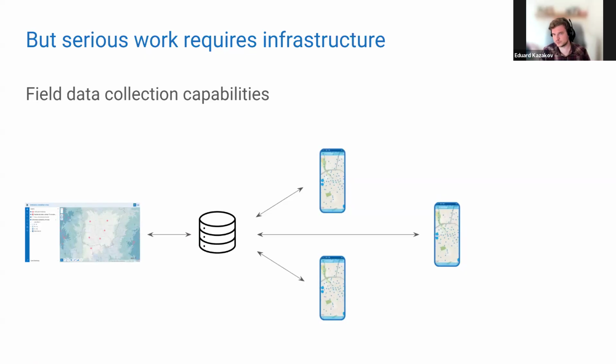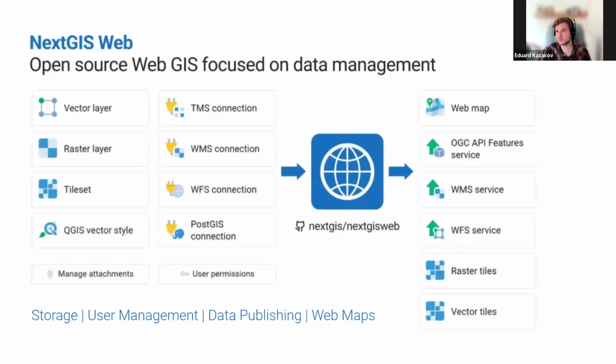I'm not trying to say that these solutions are bad, but we have our own point of view on all this, and we have our own solution for that. The main component ensuring the solution of these problems is our web server named NextGIS Web.